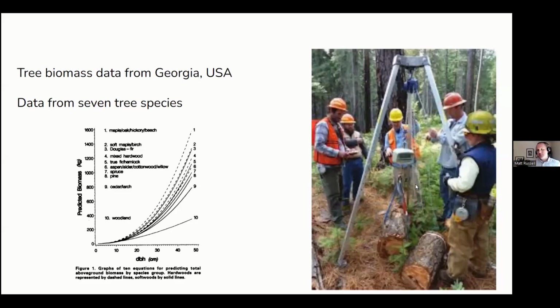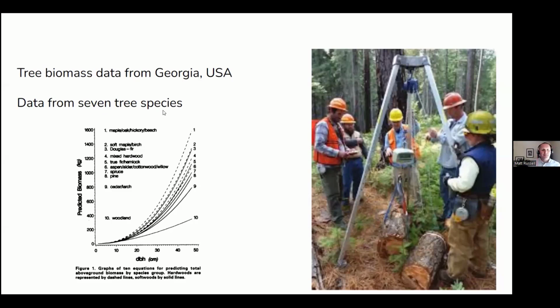This is not the same image from the study, but they basically weighed the trees to calculate how much biomass is in them. This is an incredibly laborious task. If any of you have done it, you may know that weighing really heavy trees can take a lot of time and effort. So this is a really good data set to look at that.